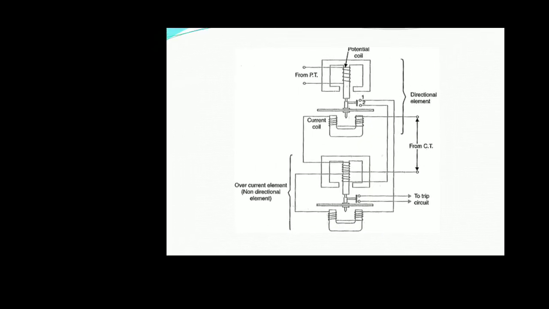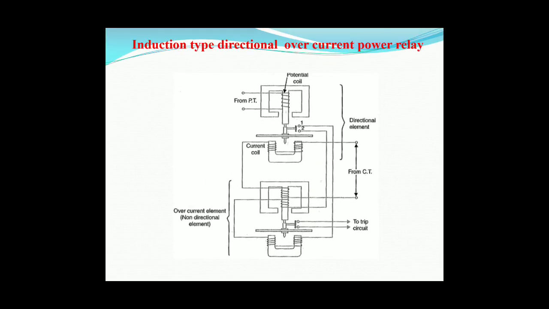Okay, this is the operation, construction and working of directional relays. Basically, directional relays are classified into two types: the induction type directional power relay and the induction type directional overcurrent power relay.